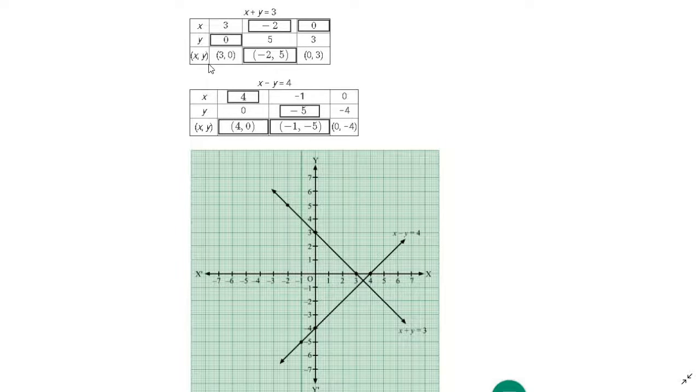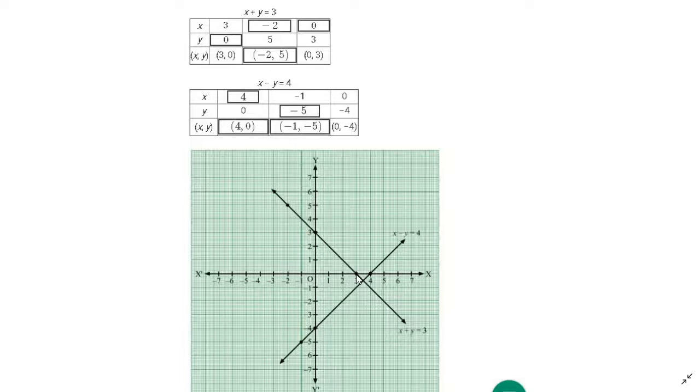Where is the point? 3 comma 0 means x has a value 3, y has a value 0. So we will find where is the x 3. Here is the x 3, right? Because 3 is a positive number, we will find it on the right hand of the x-axis.